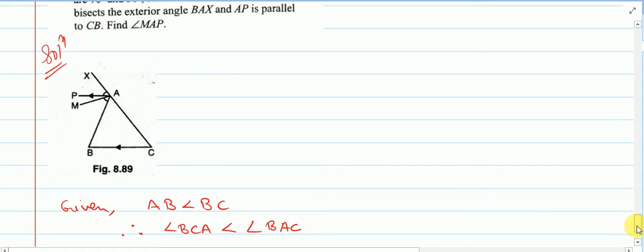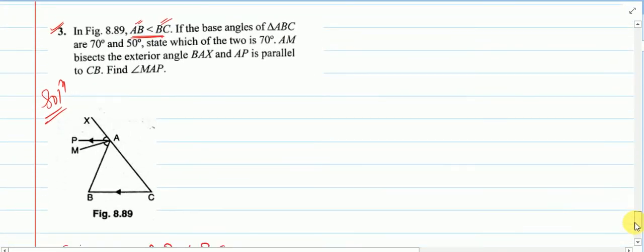Now next it's saying that the base angles of triangle ABC, these two angles, this and this, are 70 and 50 degree. So one is 70, one is 50, but which one is 70 and which one is 50 we have to find.